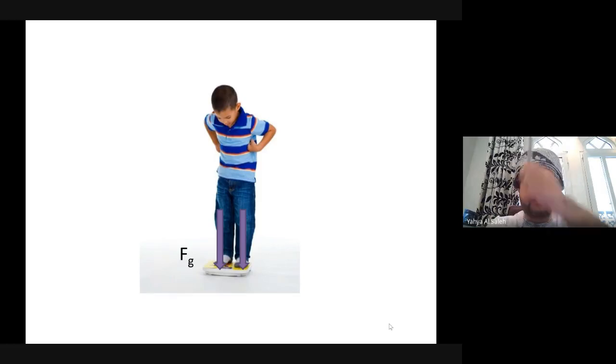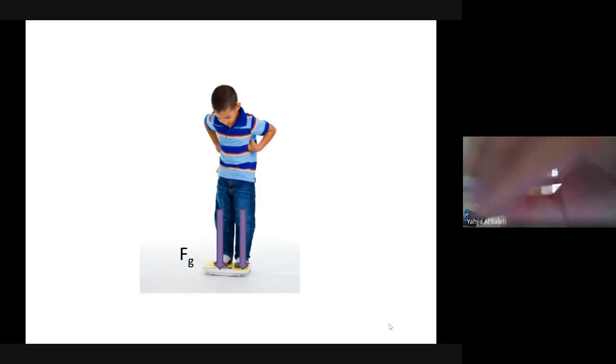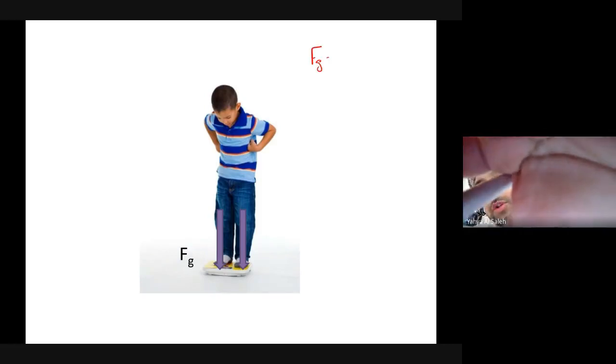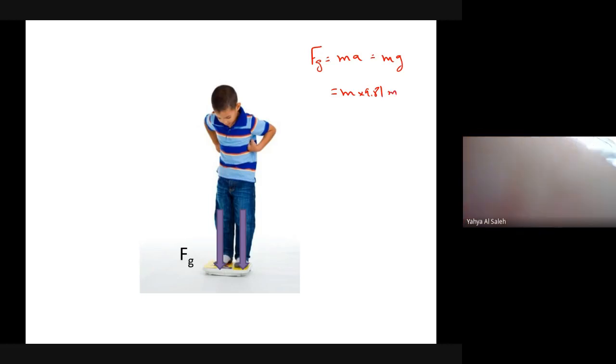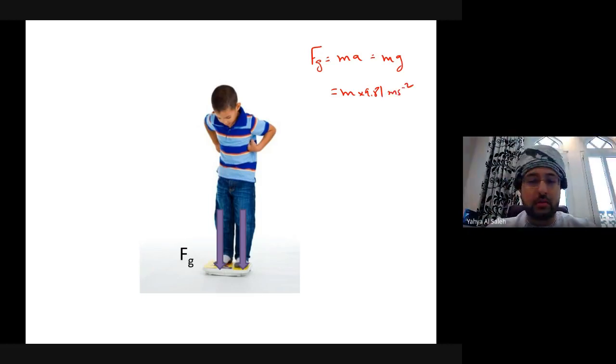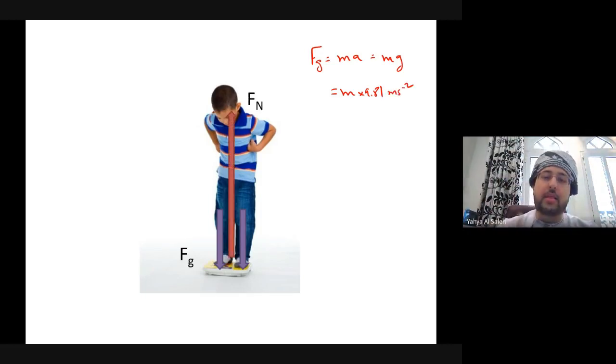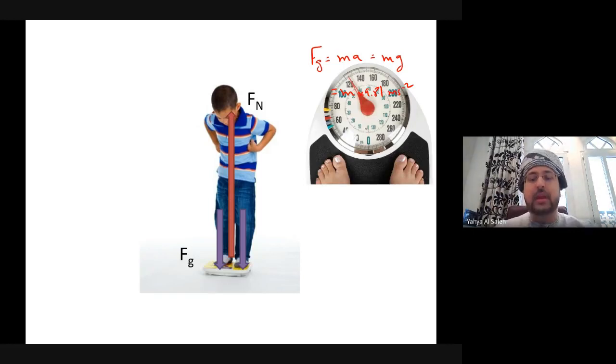And that means gravity is pulling at me with an F gravity, which is ma, which is mg, which means m times 9.81 meters per second squared. Now, because I'm not going through the scale, it means the scale is also pushing me back up with a normal force, Fn. Okay, this is a very, very heavy child.